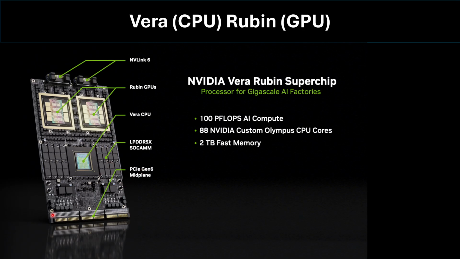And on the other side, we have the classical PCIe generation 6 connection. So NVLink on one side and PCIe generation 6 on the other side. So as you can see, flow.